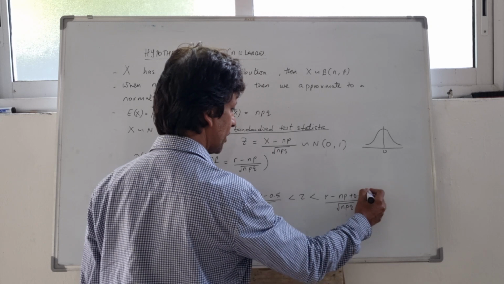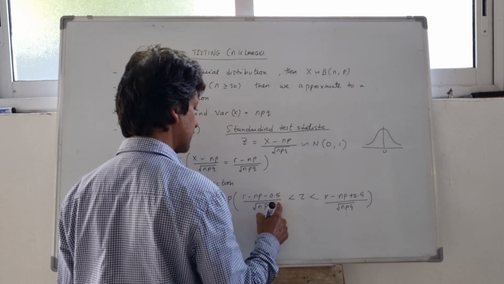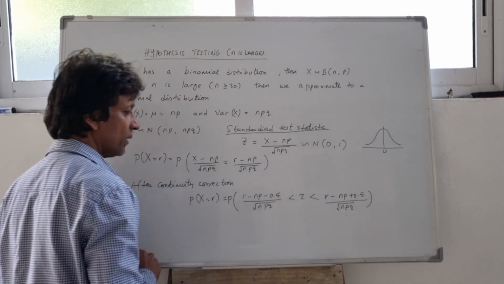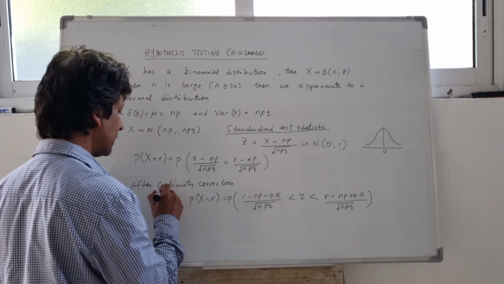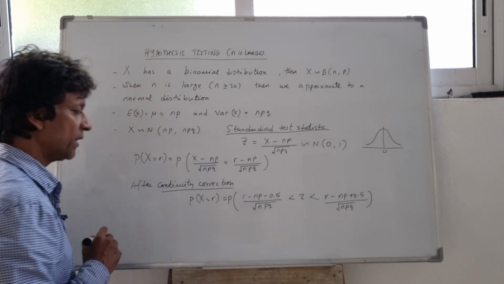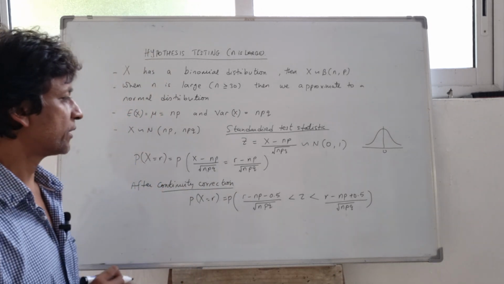Of course, I've put the plus 0.5 here and the minus here because this one is greater than this. So this is how you go about calculating your probability after applying the continuity correction.